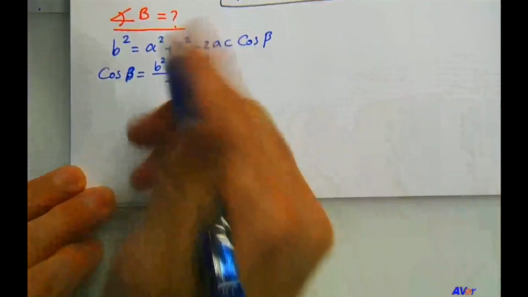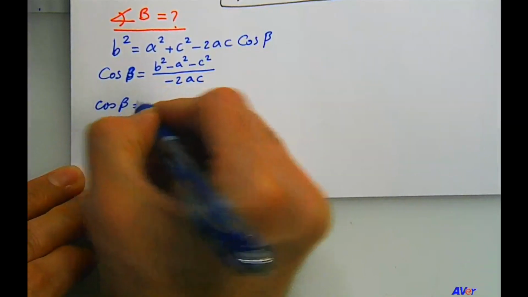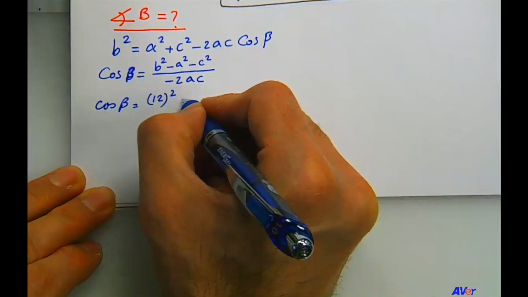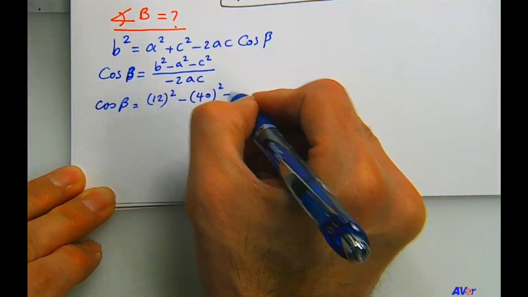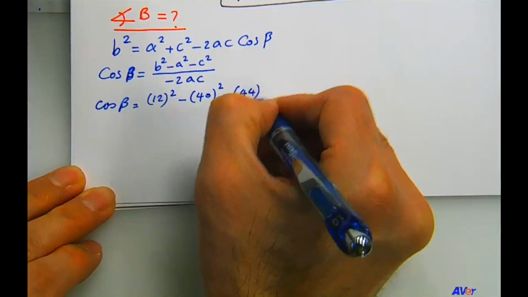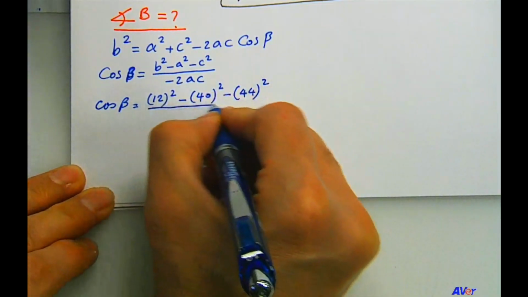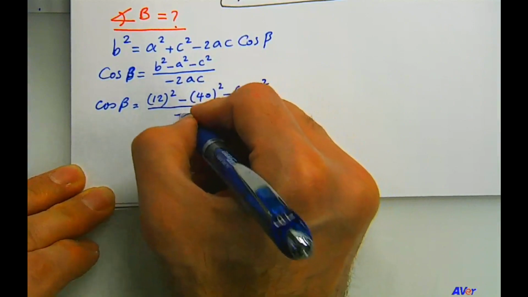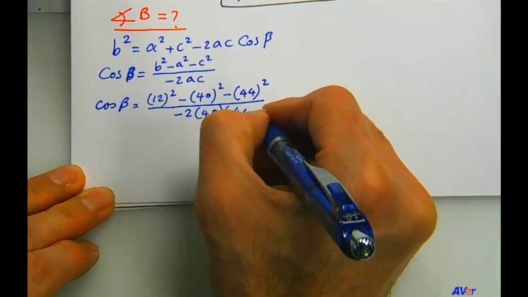So we can plug in. Cosine of B is equal to 12 squared minus 40 squared minus 44 squared, divided by minus 2 times 40 times 44.